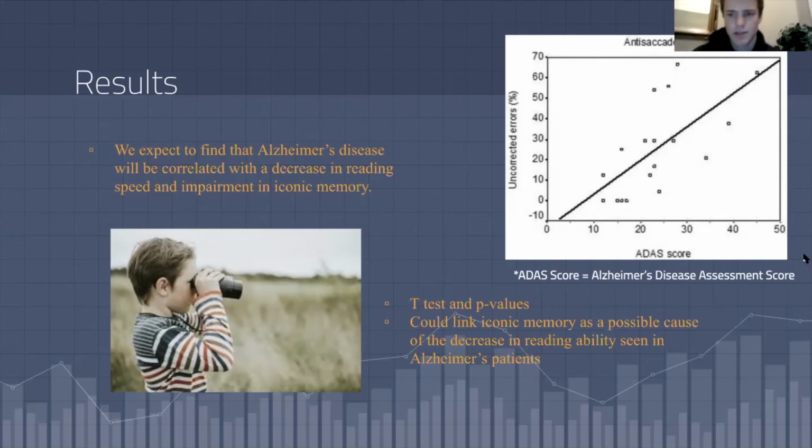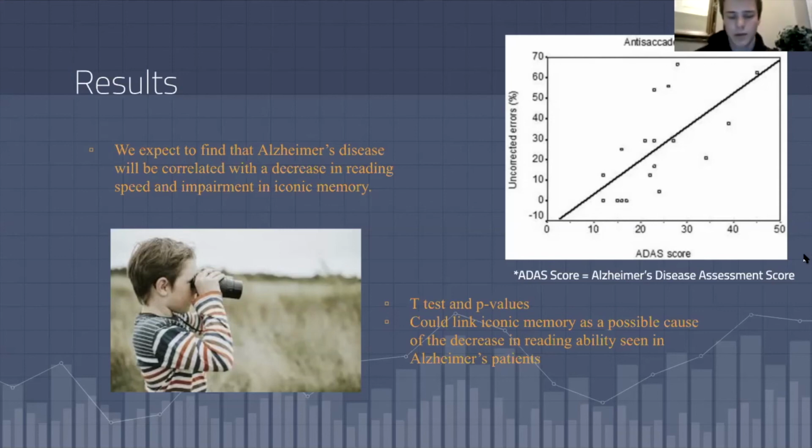First, because as Stephen said at the beginning, there isn't any evidence that we could find so far that Alzheimer's is correlated with deficits in iconic memory. And this would pinpoint an area of difficulties in reading that Alzheimer's patients have, and a possible reason that they might be having these difficulties.